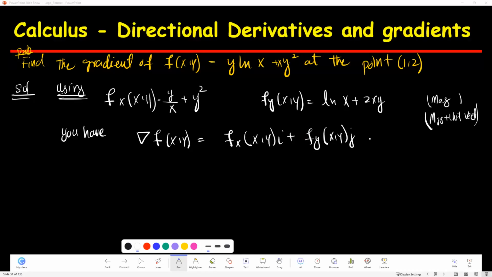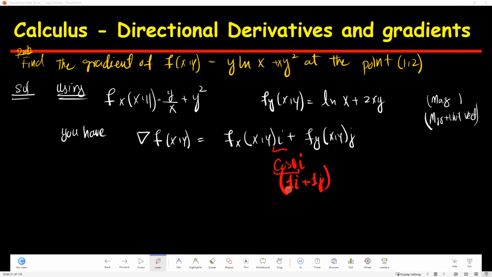And really, the i and j is not given. Remember earlier, in the previous example, this used to be cos theta i. The cos theta is not given, so I'm assuming 1 here, 1i plus 1j. That is my unit vector. It is not given.